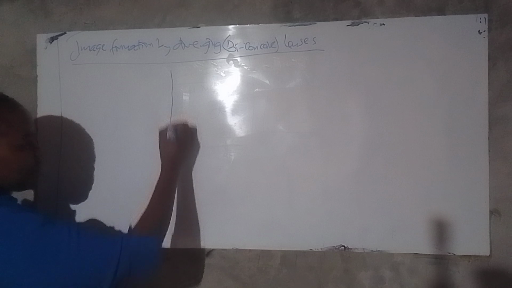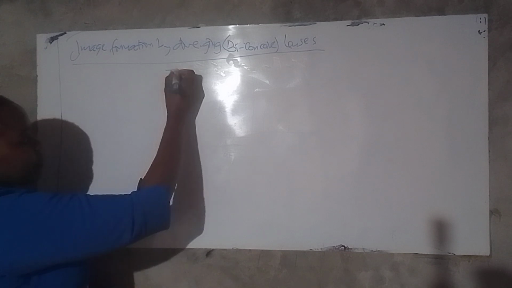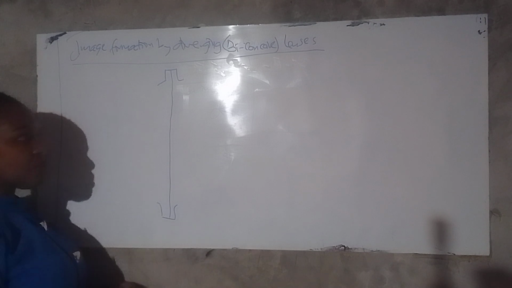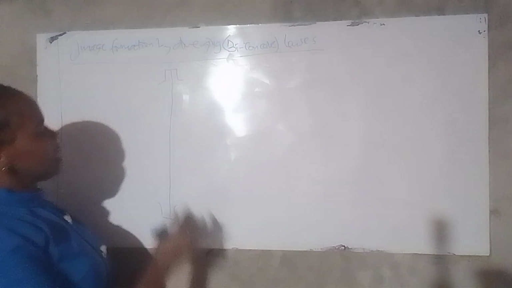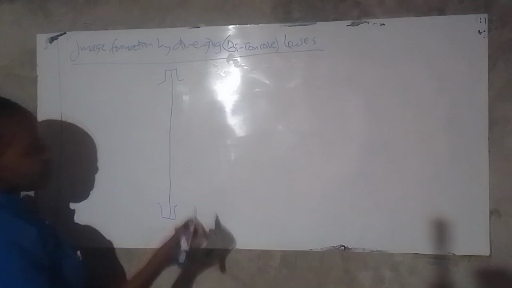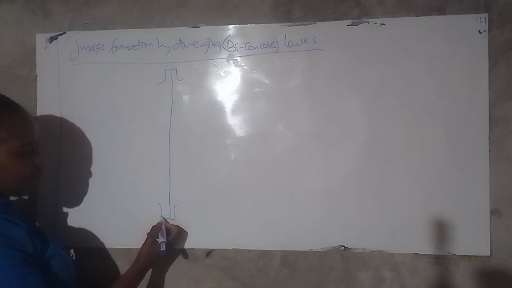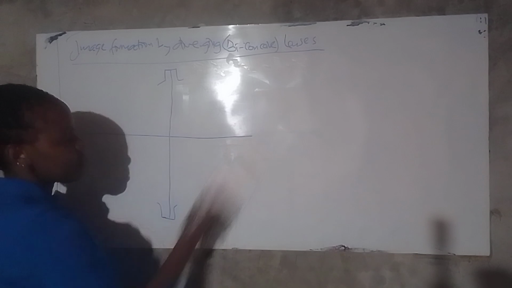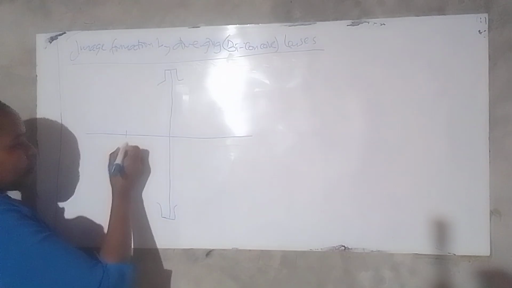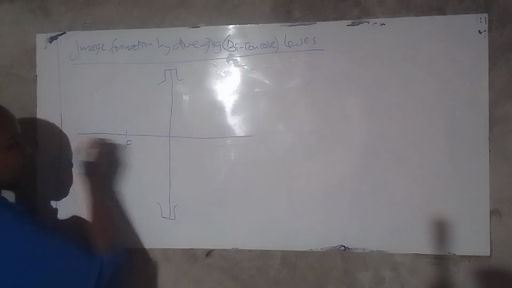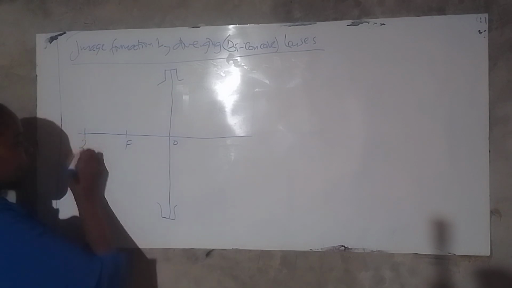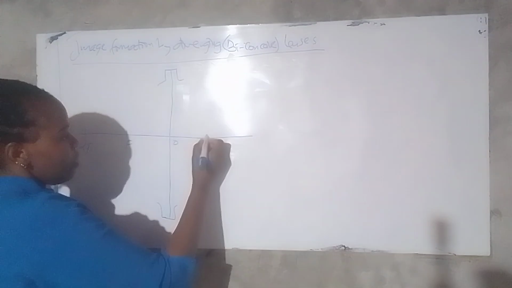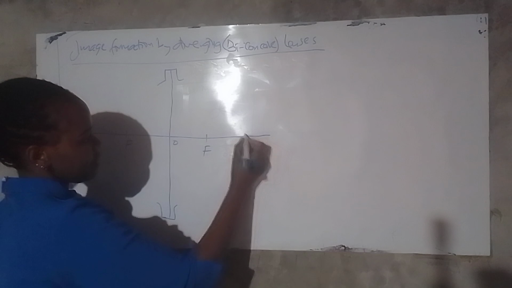By now we've gotten used to drawing these things. So we are using a biconcave lens, don't forget. Then we have to draw the vertical line and then indicate the type of lens we are using. We need to draw the principal axis, measure the distance from the optical center to F, and make sure it is equal to the distance from the principal focus to 2F, the center of curvature. Same to the other side, don't forget.